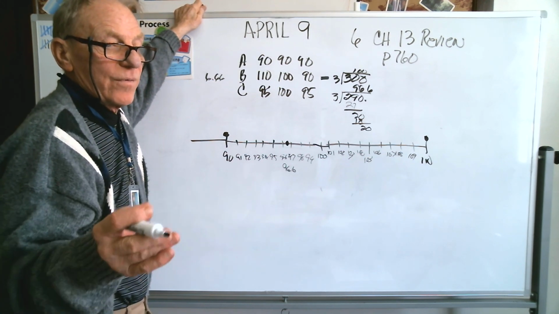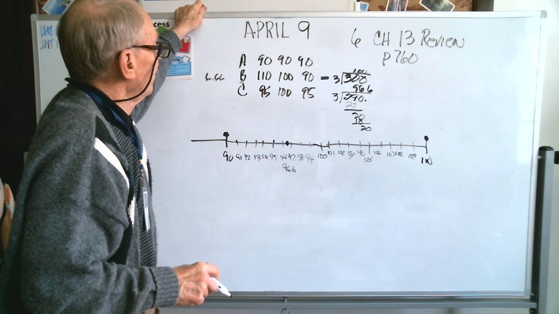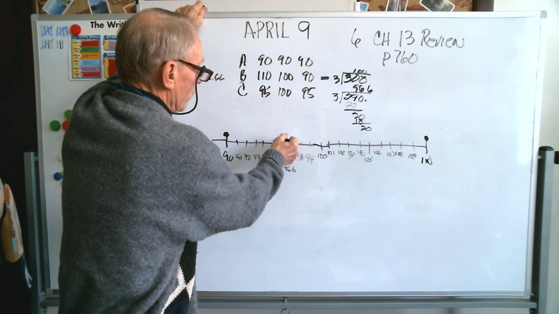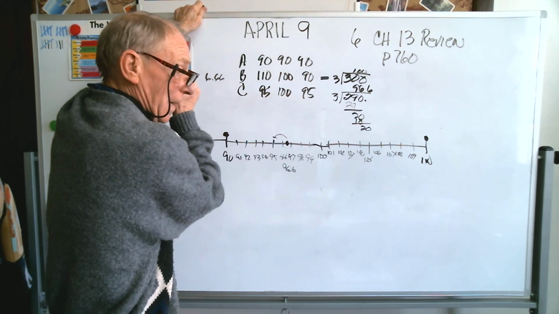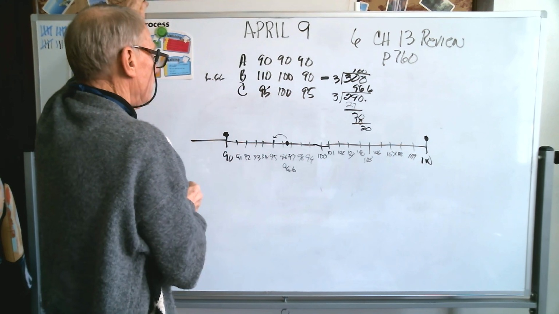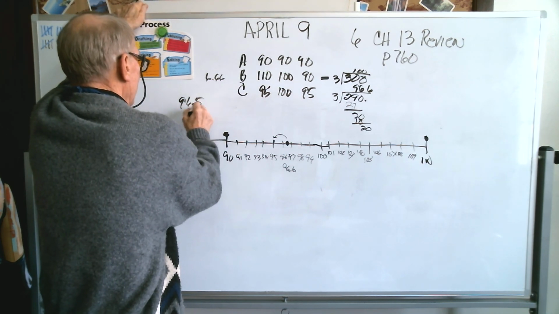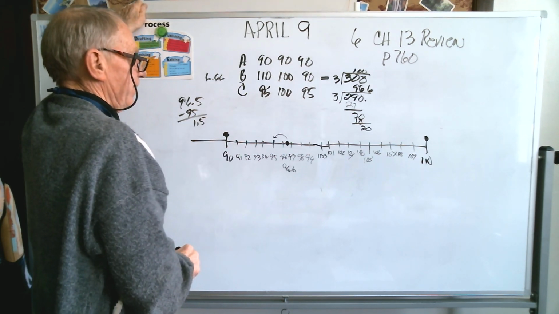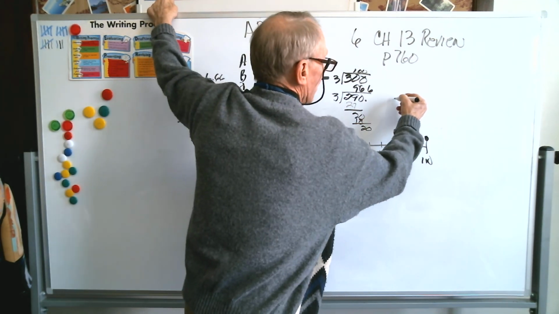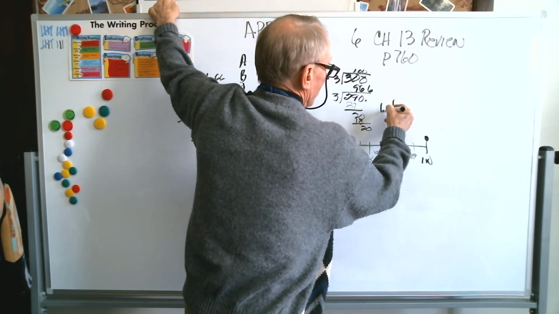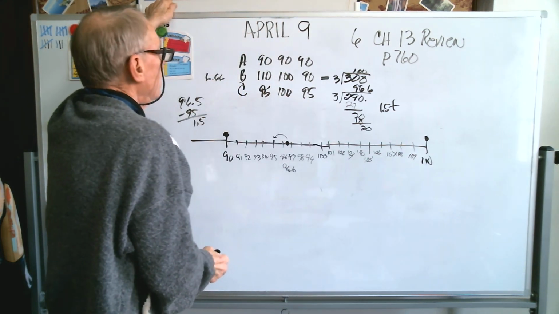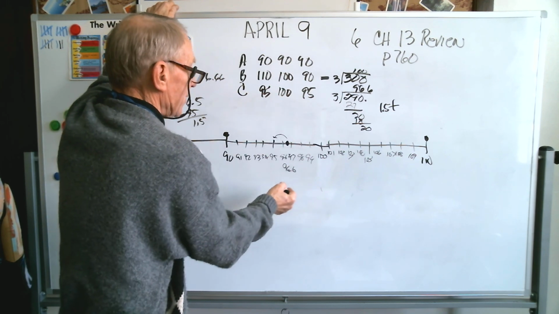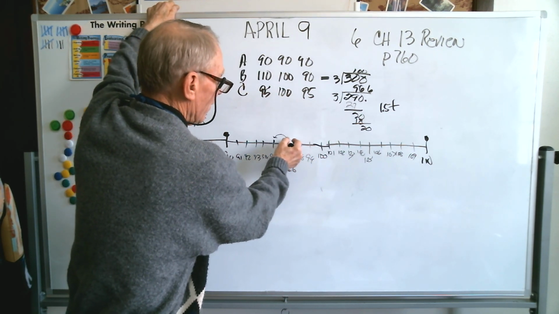Now we got to figure out left and right of that, how many points. So it goes from 96.6 to 95. So it goes from here to here. And so you want to take 96.5, subtract 95 from it, and it's 1.5. So we got 1.5 plus the next number is 100, and we're going to go from here to 100.